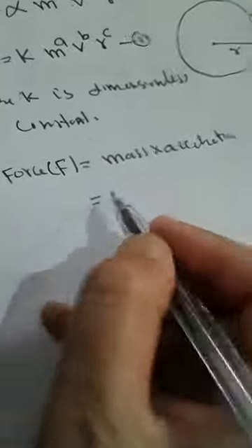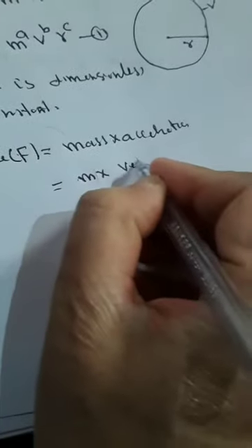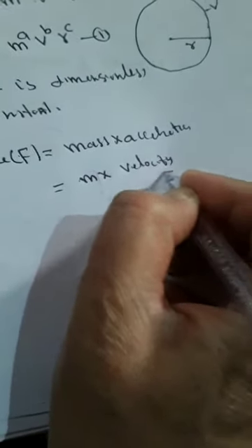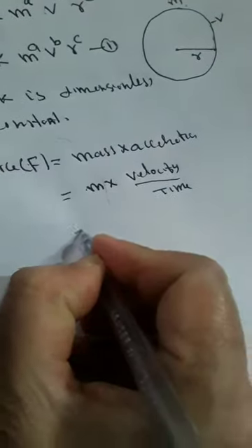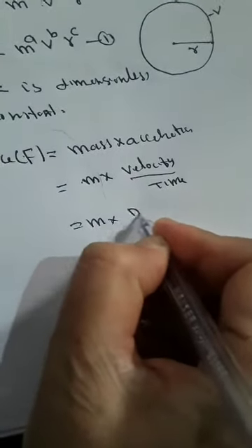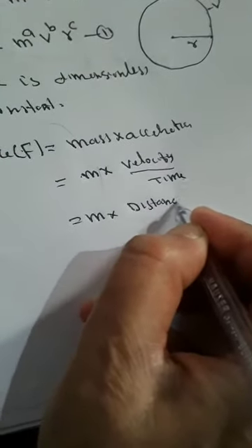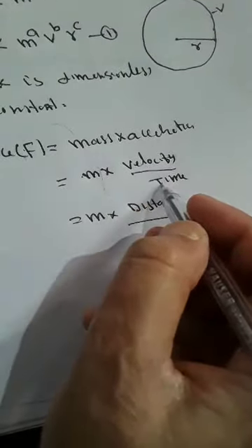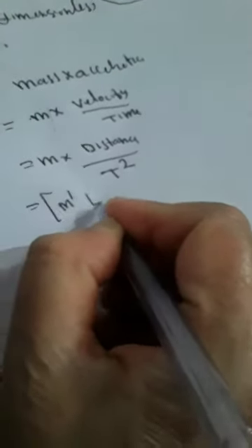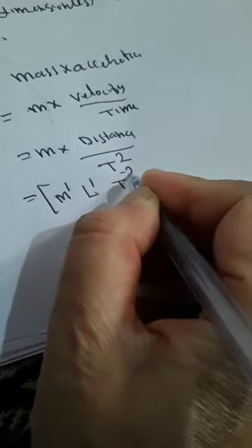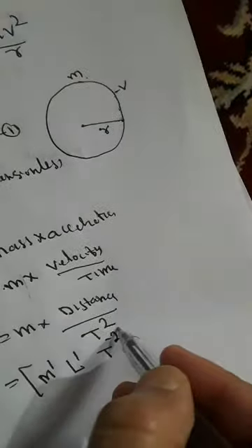When we find the dimensional formula, mass is equal to M. Acceleration is equal to velocity divided by time, and velocity is itself distance divided by time, so it becomes distance divided by time squared. Distance is L. Therefore, the dimensional formula becomes M^1 L^1 T raised power minus 2.